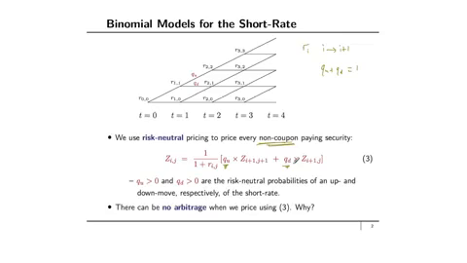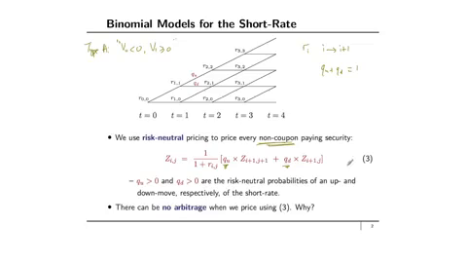Now, as we said before, there can be no arbitrage when we price using (3). The reason is as follows. If you recall our definition of a type A arbitrage, it was a security with V_0 less than 0 and its value at time 1, V_1, greater than or equal to 0. We said any security like this in a one-period model constituted a type A arbitrage.